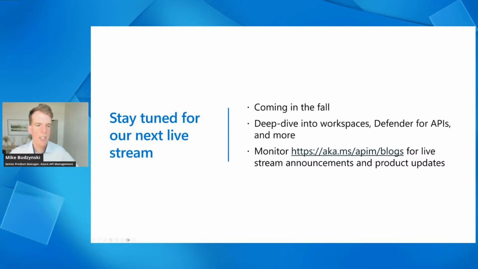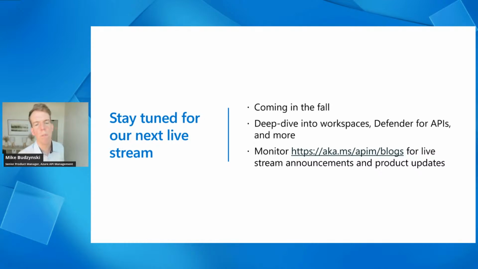Stay tuned for our next live stream that's coming probably in the fall, in a couple of months or so. We'll dive deeper into workspaces, cover the other half of API security that we did not cover today, which is a deep dive into Defender for APIs and all the exciting features they offer for runtime threat analysis, detection, prioritization, and more, and cover any other upcoming or recently released features and updates to our products.